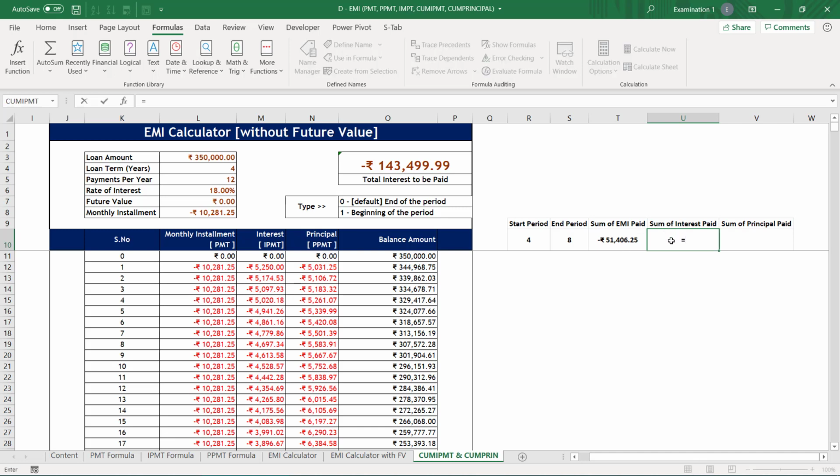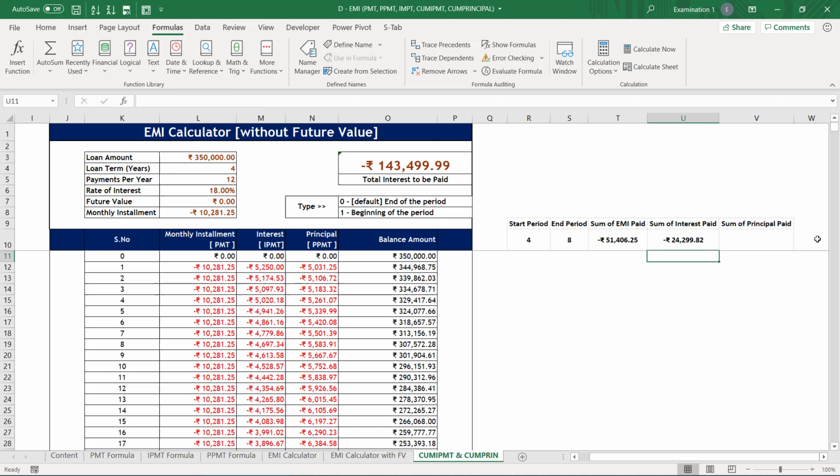So I'll write I, cumulative interest payment, tab, and rate this much divided by 12, and I do not need to drag this formula down, so I do not need to fix it, comma, number of payments 12 multiplied by 4, comma, PV this much, comma, start period 4, comma, end period 8, comma, 0.